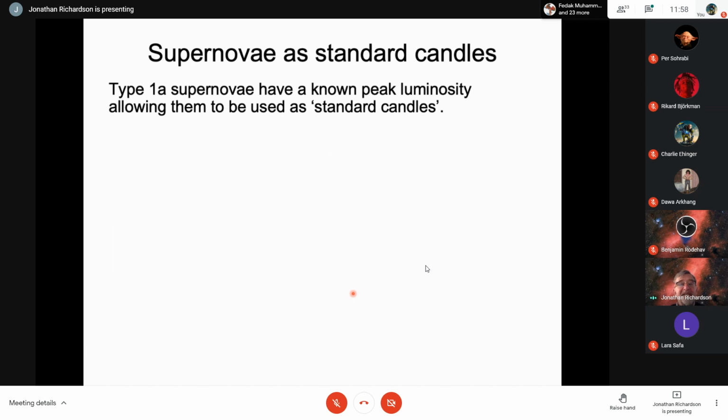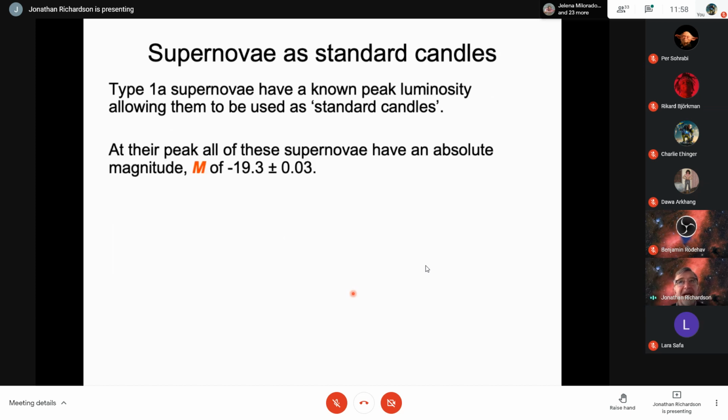If we know this supernova occurred at this time and its luminosity was measured as however we measured it, we can compare that to a standard star, which we know has a given magnitude of 19.3. All of these supernova have an absolute magnitude which we can observe.